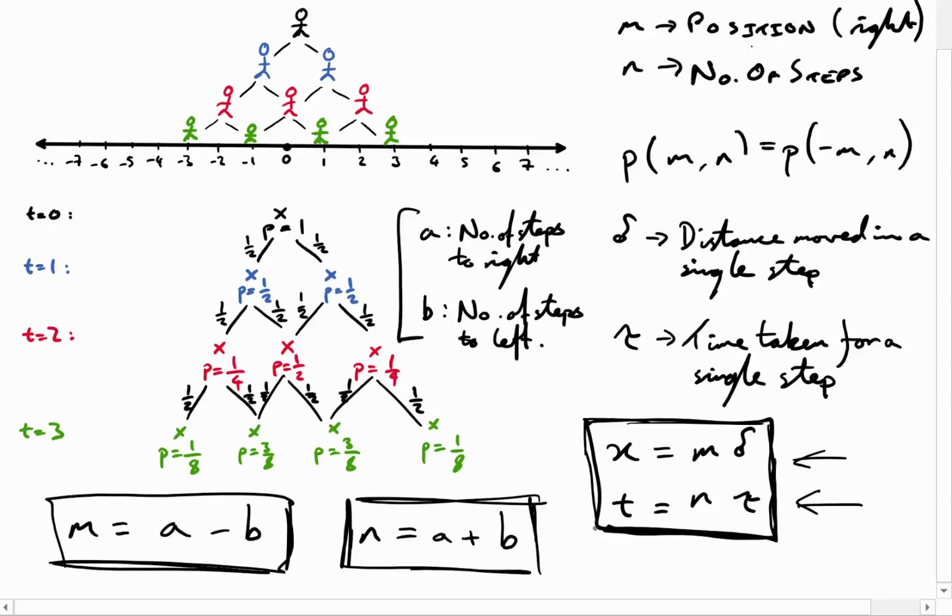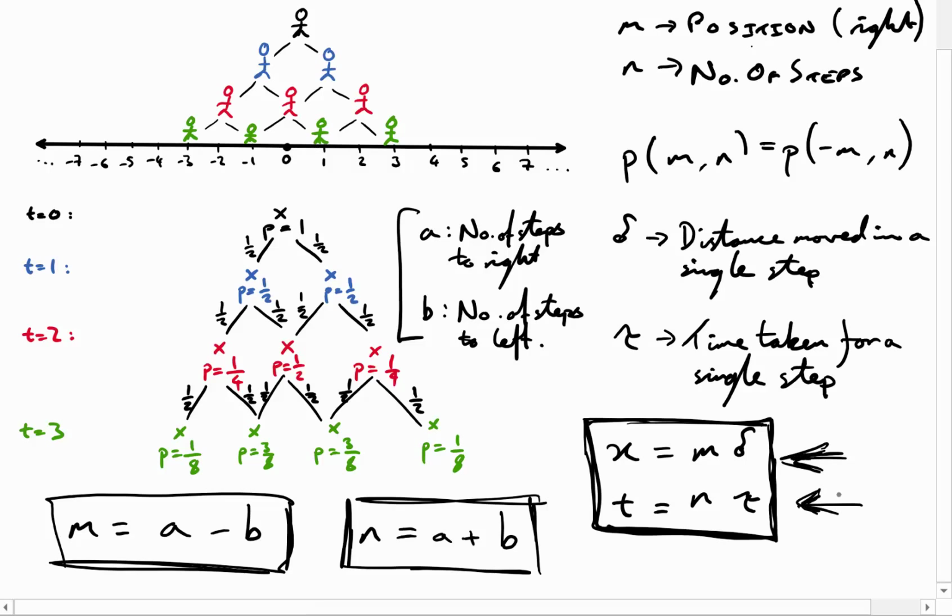But since we're assuming that each distance is constant and each time is constant between each step, then we just consider m and n on their own. But if the time taken between each step isn't constant, or if the distance taken between each step isn't constant, then we have to introduce this thing.